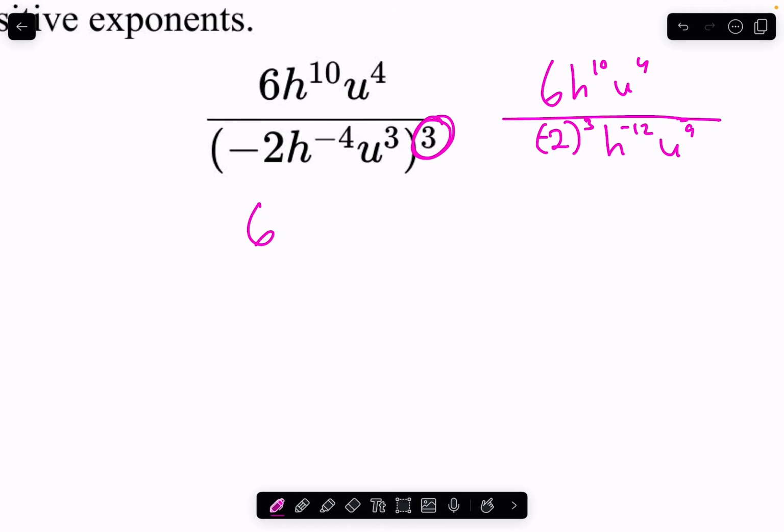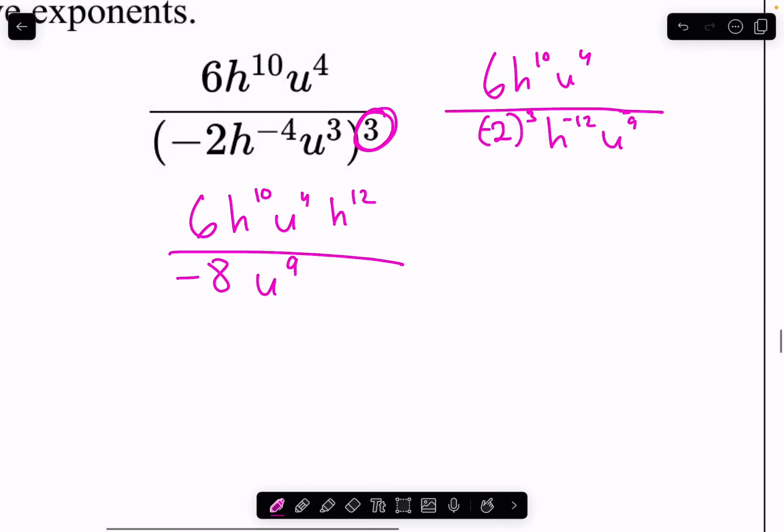So I get 6 h to the 10th, u to the 4th, and then this h to the 12th's got to get booted up. And then I can go ahead and deal with the negative 2 to the 3rd power. That becomes negative 8. And then I've still got my u to the 9th on the bottom there. So then we can simplify. Actually, first I'm going to deal with my 6 over negative 8.